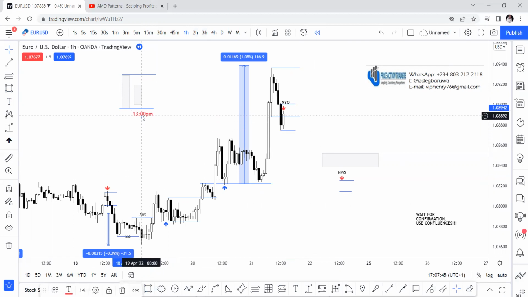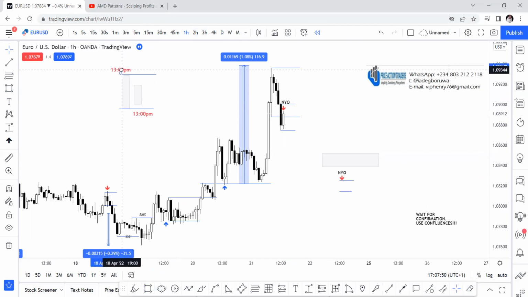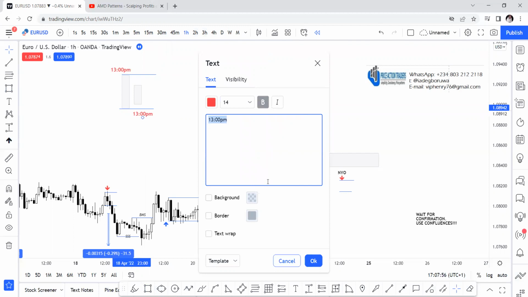So what you just need to focus on is the pattern. Once you get the pattern setup between that period, it could be the second one, right? It could be the fourth, it could be 14:00.